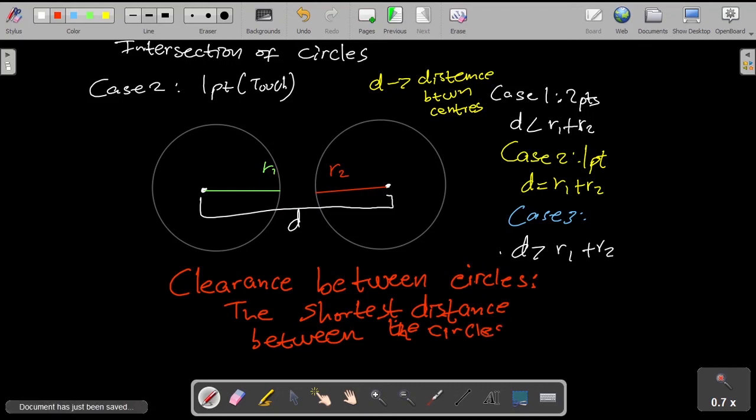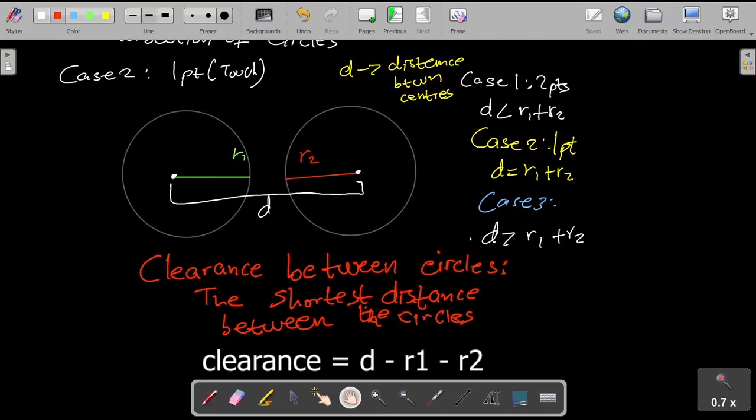Okay, so that is what we refer to as the clearance. It is the shortest distance between the two circles.